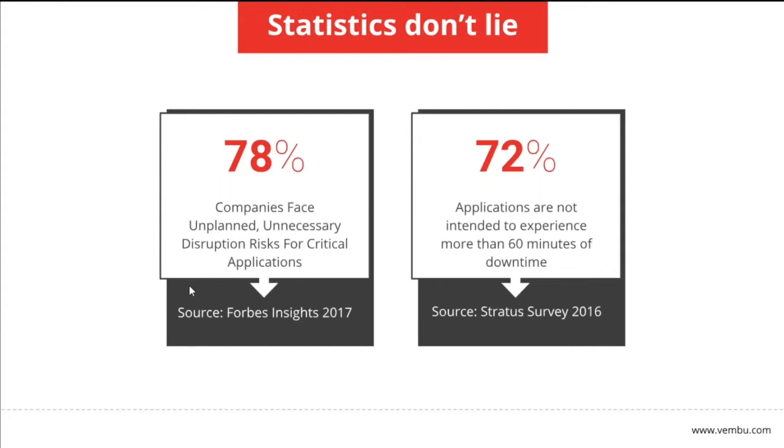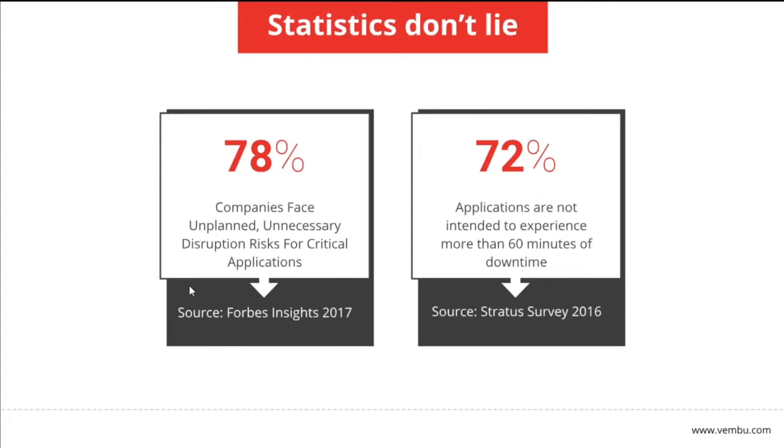And 72% of applications are not intended to experience more than 60 minutes of downtime. If that application is down for more than 60 minutes, you'll get a lot of revenue loss, or it will create a reputation loss for your organization. A lot of things are going to start.